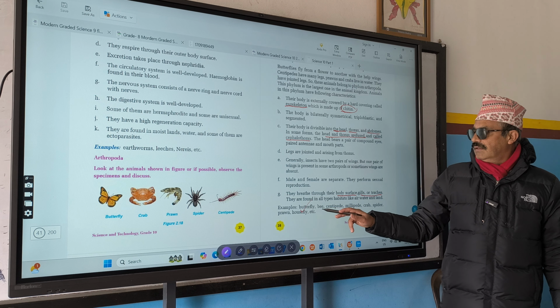Ghungi means the outer part is very hard, right? That is made up of calcium carbonate. But the inner part is very soft. The outer part is just a protective layer only. The inner part is full of flesh, and they feed on it.